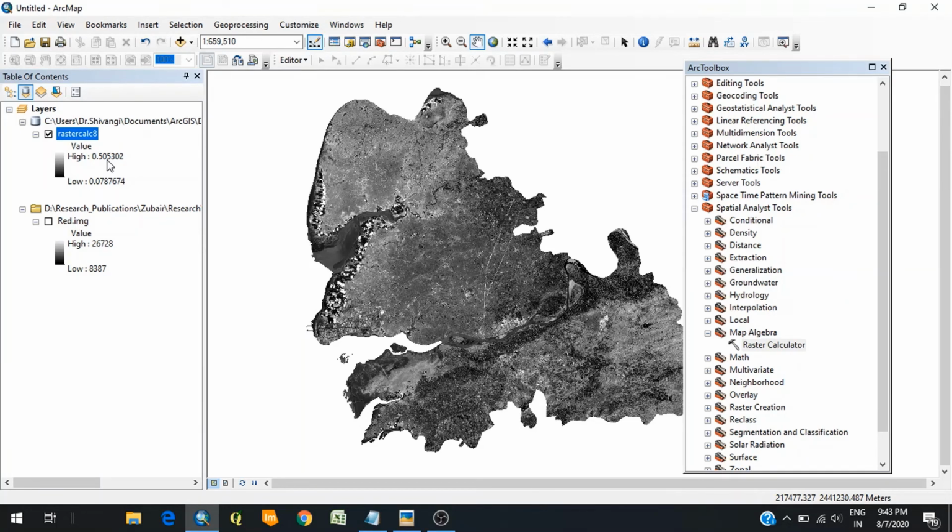As I have already told you, reflectance is a percentage of the incident light reflected by the object, so we determine the reflectance in terms of percentage. So the least is 7% and the highest is 50%. This is how you can convert a DN value of a downloaded image into a reflectance value, which is a meaningful value, whereas the DN value is a meaningless value.